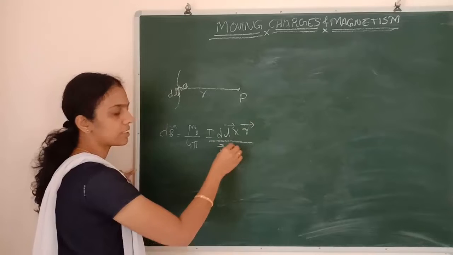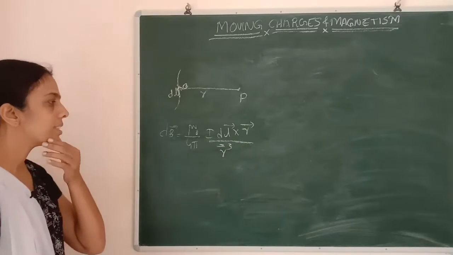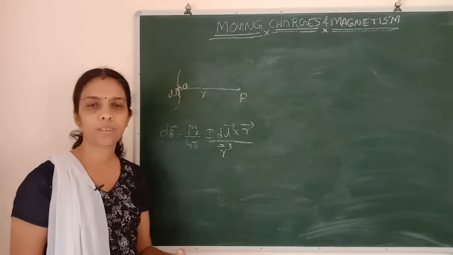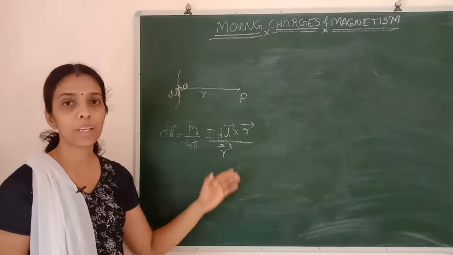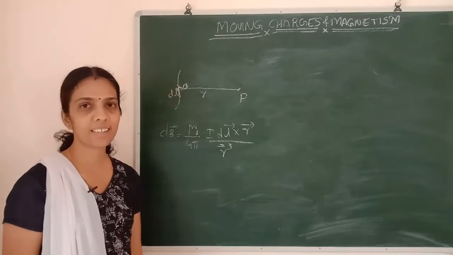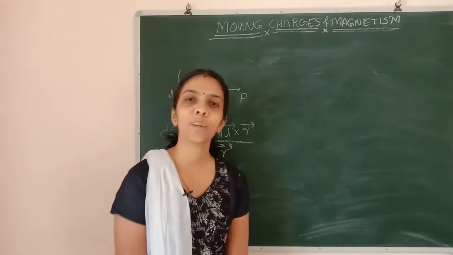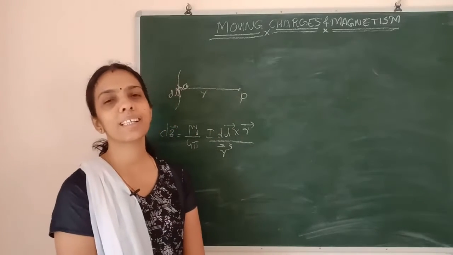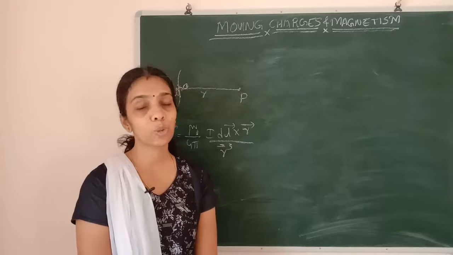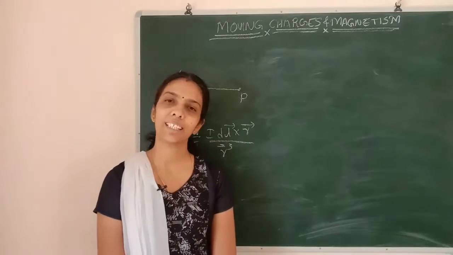We can change this to sine theta form, so dB equals mu 0 by 4 pi I dl sine theta R by R square. I told you that you can find the similarities and dissimilarities between the electrostatic field and the magnetic field.